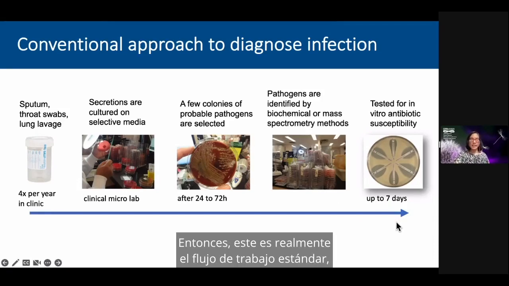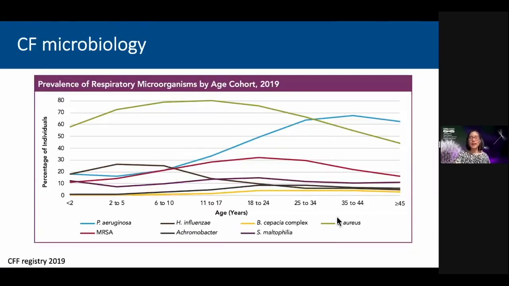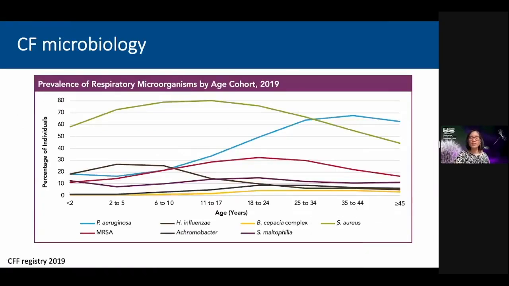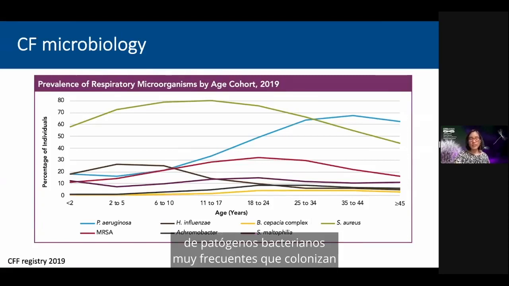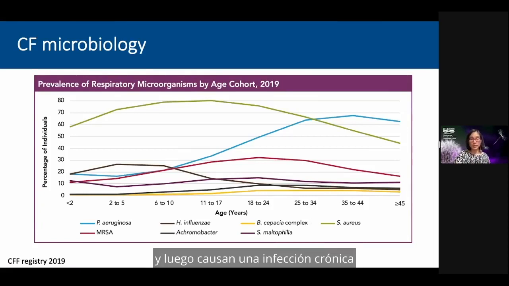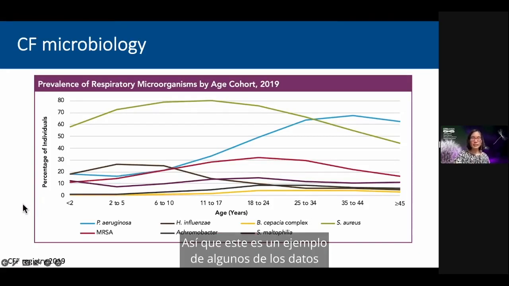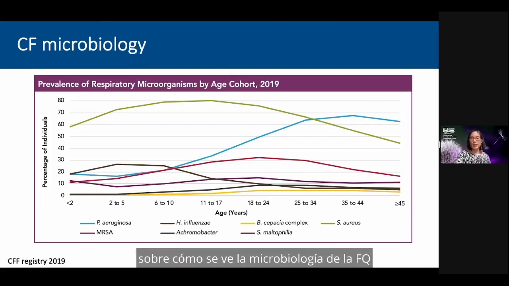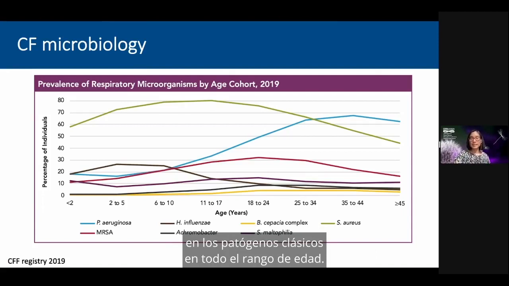So this is really kind of the standard workflow, which has led to the recognition that there are a number of very prevalent bacterial pathogens that colonize and then subsequently cause chronic infection in people with CF. So this is an example of some of the latest registry data from the US CF registry about what the CF microbiology in classical pathogens looks like across the age range.